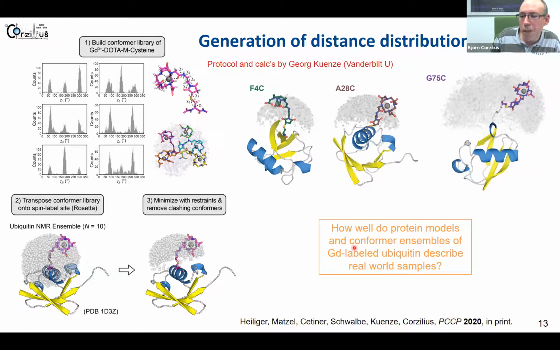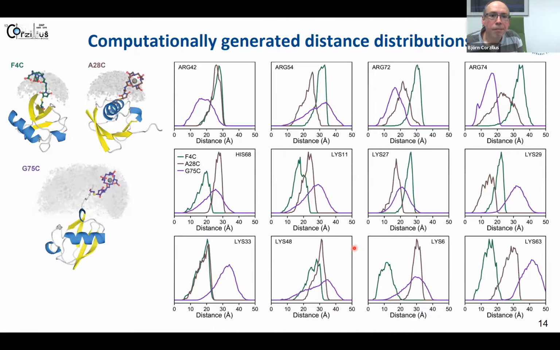So now how can we correlate these conformational spaces with our DNP rates? Here you can see the different computationally generated distance distributions. This is the distance distribution from the gadolinium in each mutant to the specific amino acid side chain.